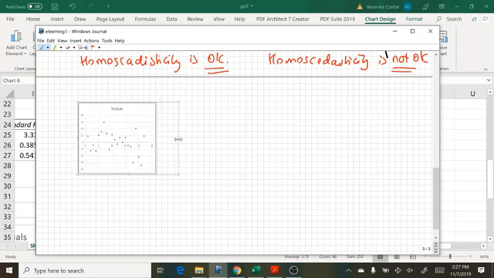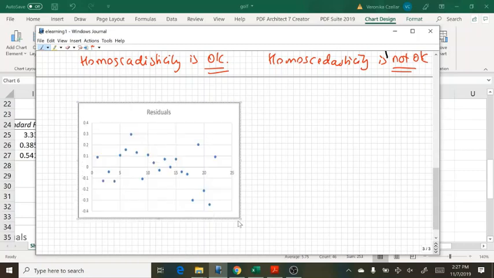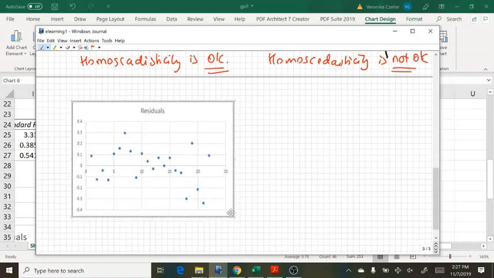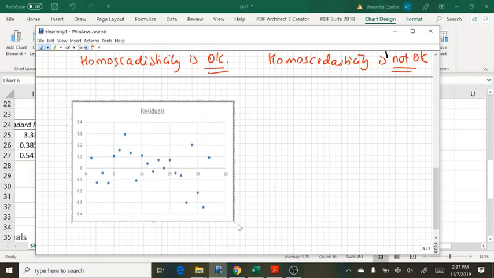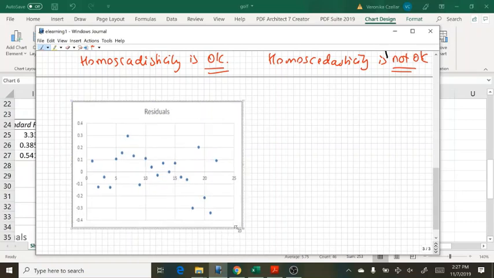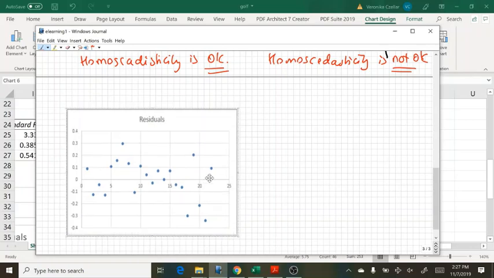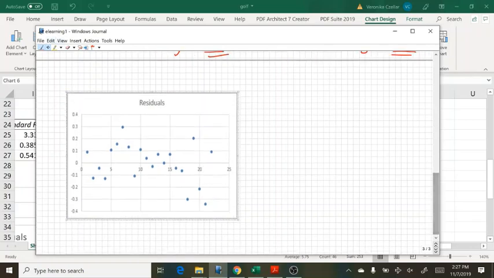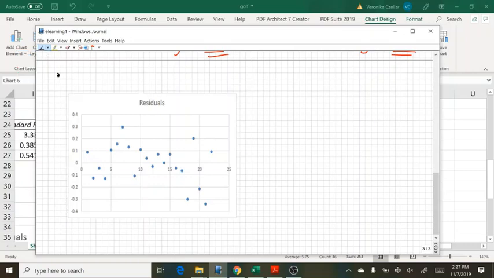So what did I do? I plotted this time the residuals against the observation number, against the index. So here, we are dealing now with the independence of the error terms.